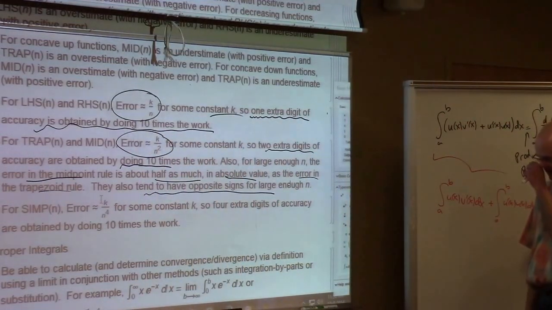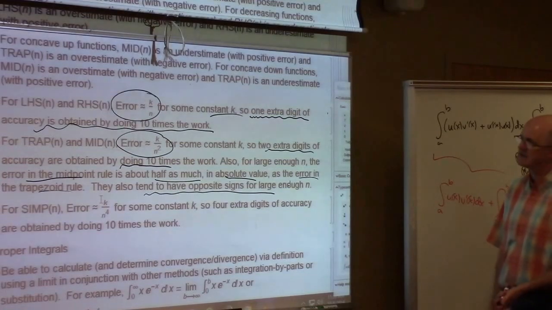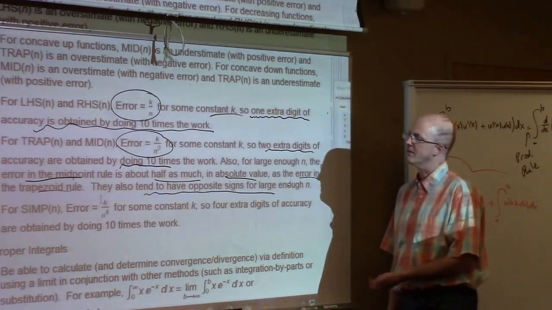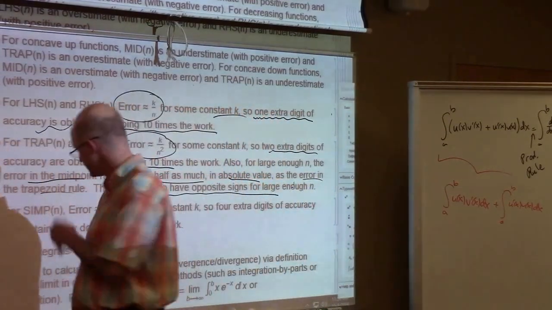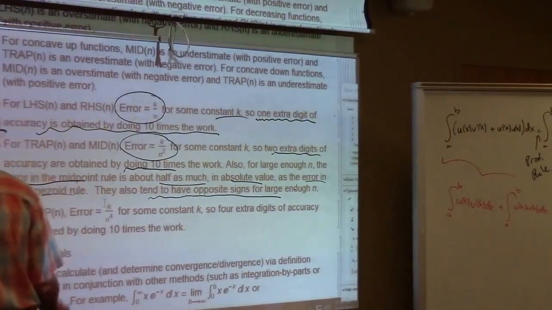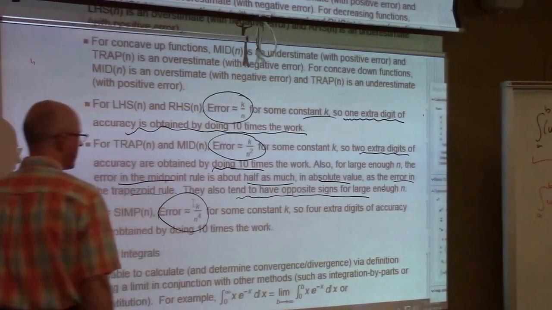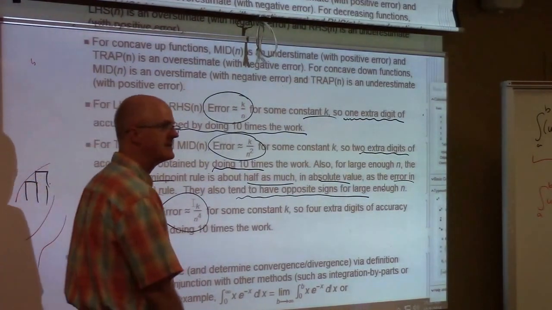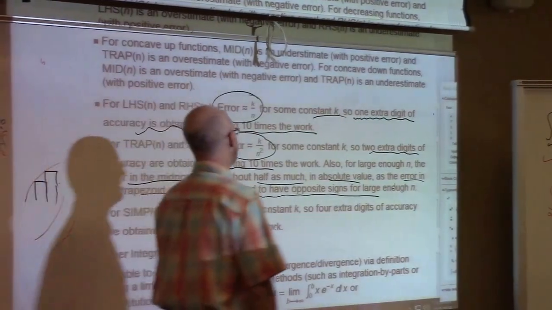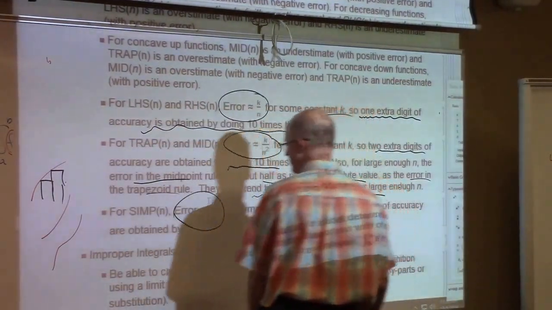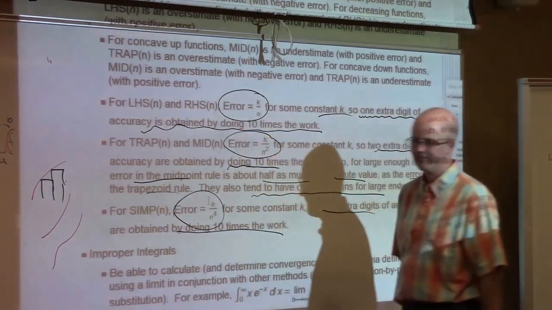And they tend to have opposite signs, which is why in the formula we use for Simpson's rule, we give the midpoint rule twice the weight of the trapezoid rule because it's twice as good. Turns out the error is approximately a constant over n to the fourth. Since 10 to the fourth is 10,000, you get 4 extra digits of accuracy by doing 10 times the work.